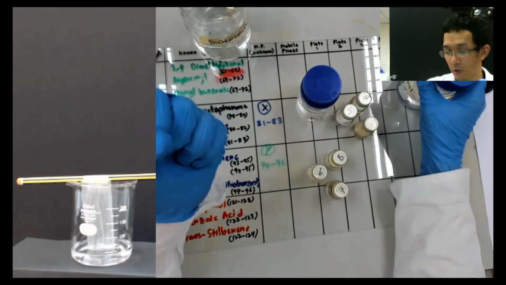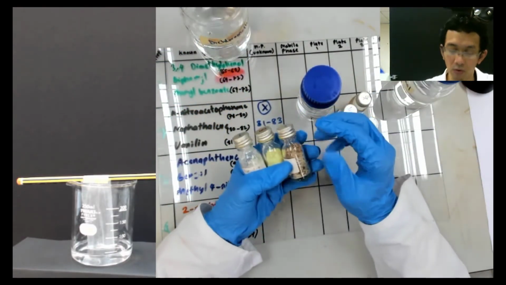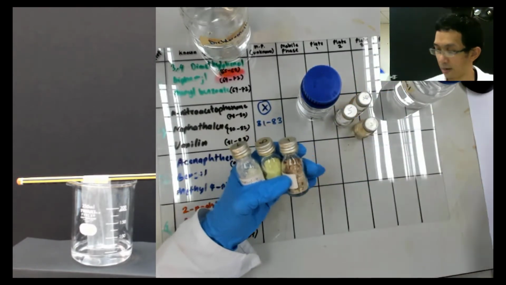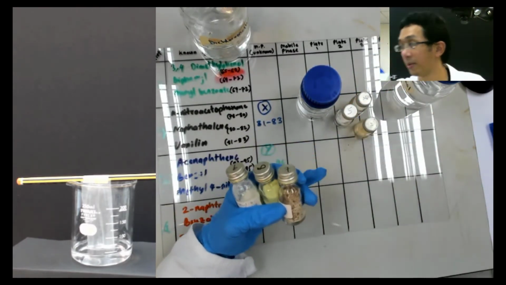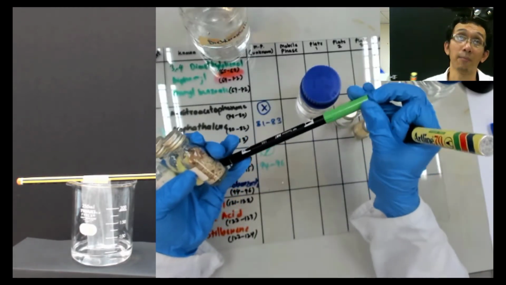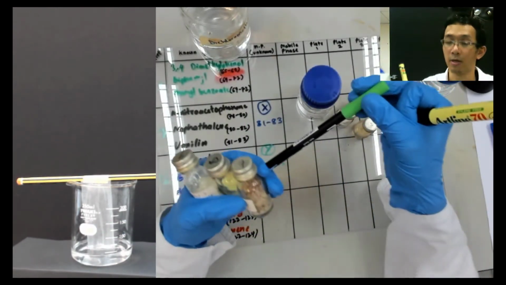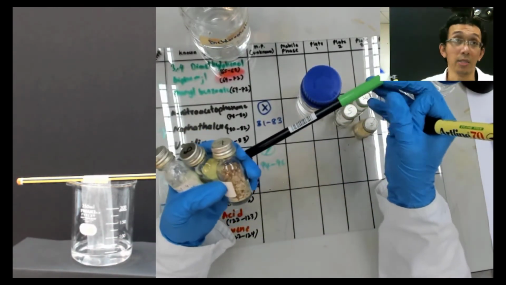So if you have an organic compound, normally it doesn't dissolve in water. Just now at the beginning I showed you this pen. This is water based, meaning you can use water to dissolve it, and you can see here it has already disappeared.